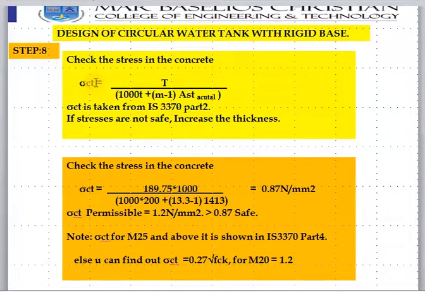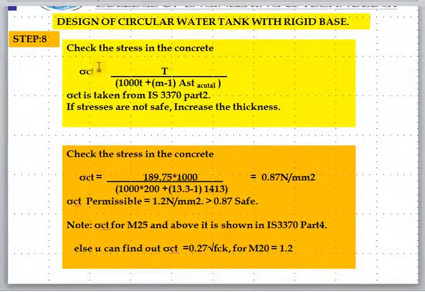So the next step is checking the axial tension in concrete. Okay, so sigma Ct is T divided by 1000 into T plus M minus 1 into AST axial. So sigma Ct is, because tension you know it already found out, 189.75 into 1000, and 1000 into thickness 200 plus M. M already found out 13.3. You know that.